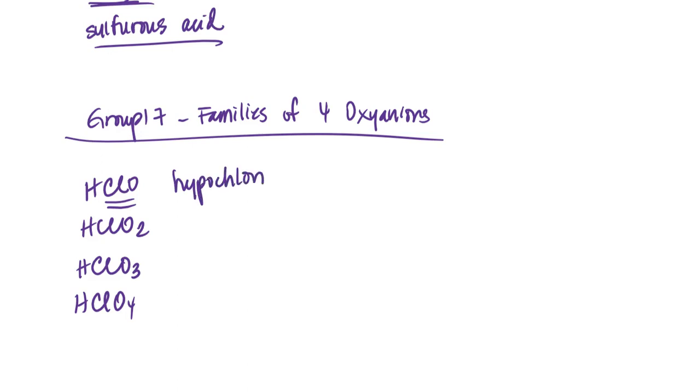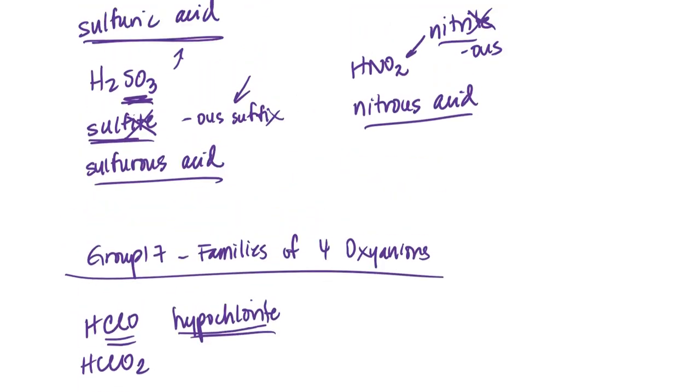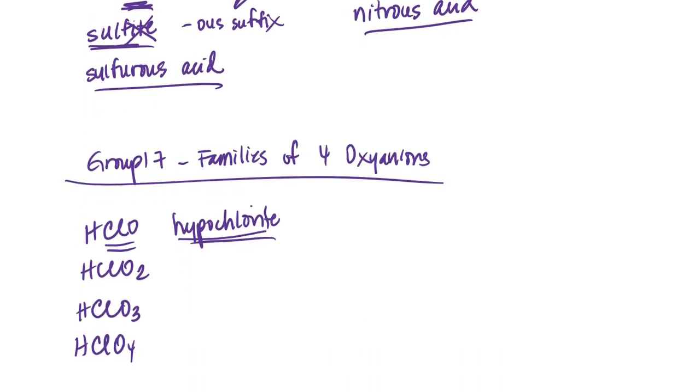is actually referred to as the hypochlorite anion. And much like when I encountered the ITE ending to the oxyanion name in the previous examples, what I'm going to do is replace the ITE ending of the name with an OUS suffix.